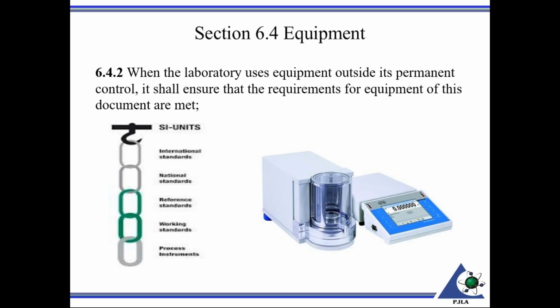If you have equipment that goes out of your control, it's a good idea, as you'll see, to have intermediate checks in place where you can check it when it goes out, you can check it when it comes back. I hear often folks say, well, it always stays in our control. Just playing devil's advocate here.